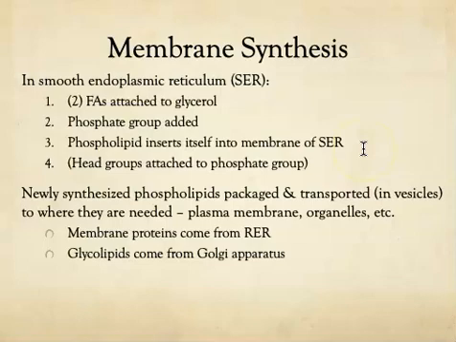The importance of that is going to become clear in just a minute. The fourth step of phospholipid synthesis involves the addition of any of those small extra groups that get added onto the head. So if we're going to make it a phosphatidylcholine or a phosphatidylserine, for example, the choline, the serine would be attached at this point.